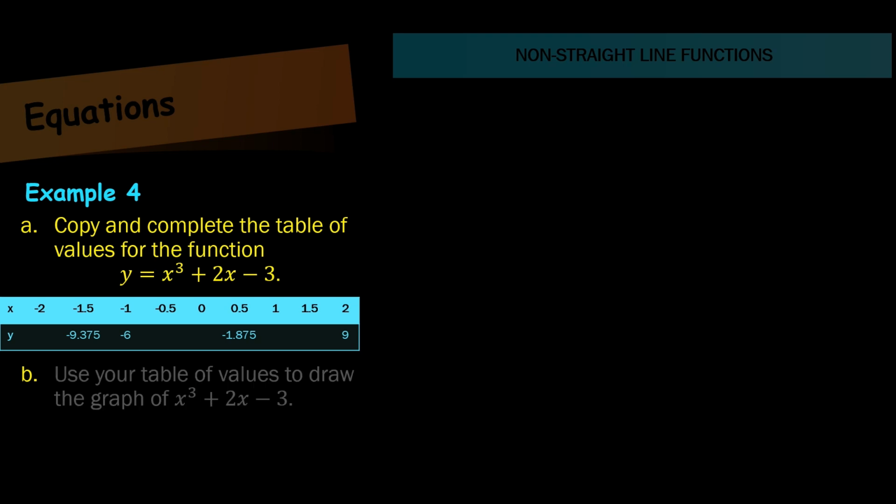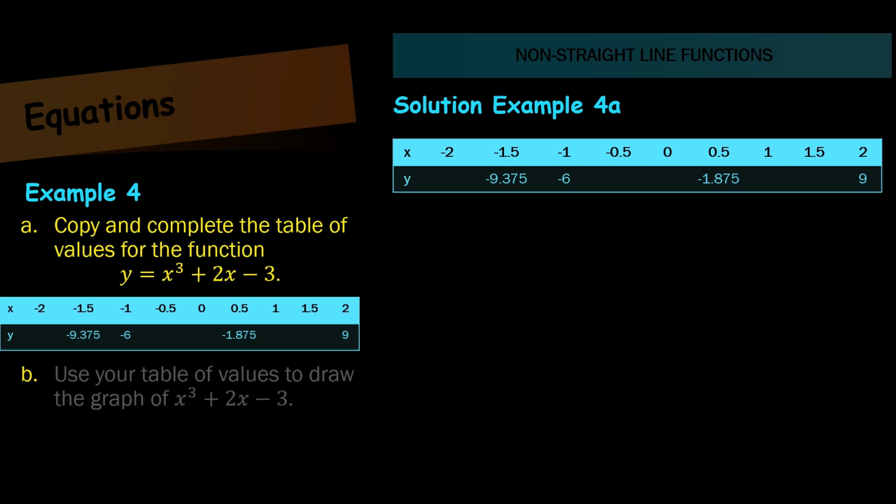So let's have a go at part A. When x equals -2, y is equal to (-2) cubed plus 2 times -2 minus 3. Here, of course, we've simply plugged in x equals -2 into our equation. And then we tidy up to get y equals -15.